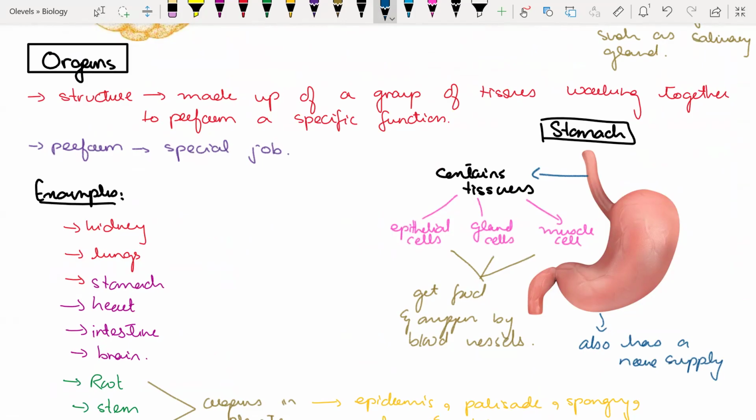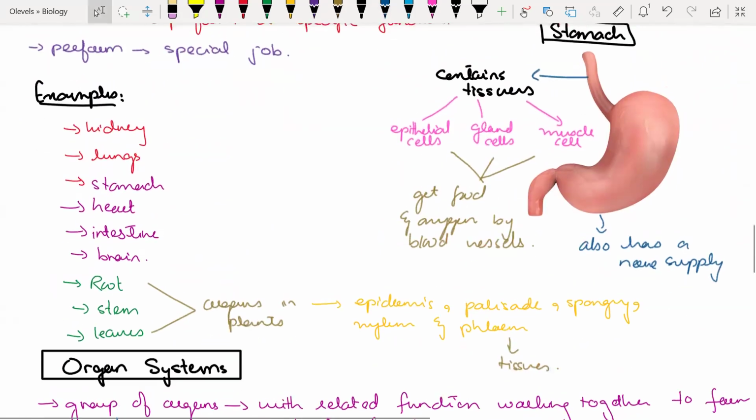Several kinds of tissues work together to perform a specific function. We have a lot of organs in our body, for example kidney, lungs, stomach, heart, intestine, brain. These are some of the organs present in animals. If we talk about plants, there are root, stem, and leaf. These are the organs in plants.